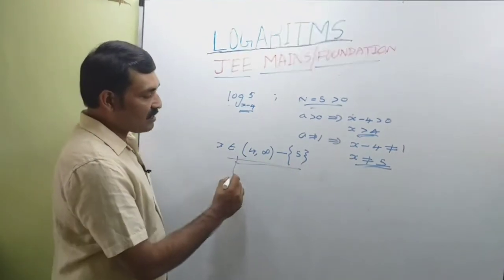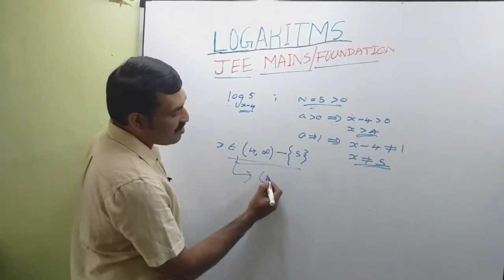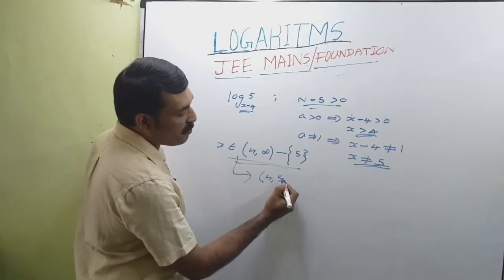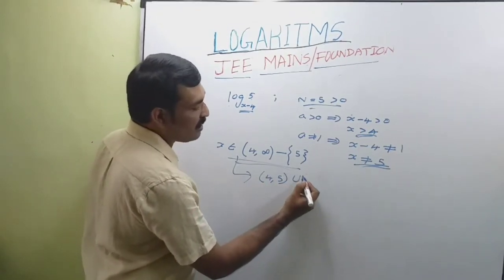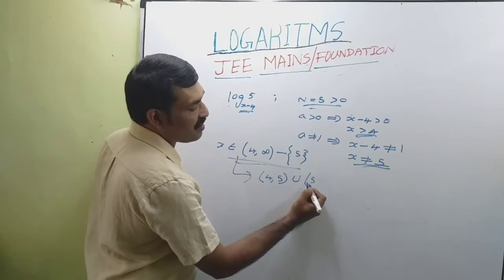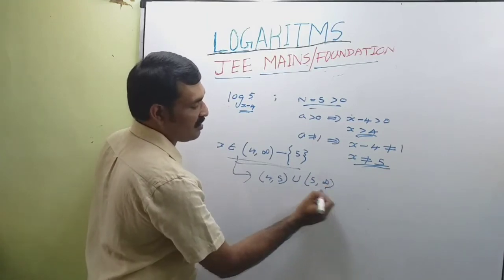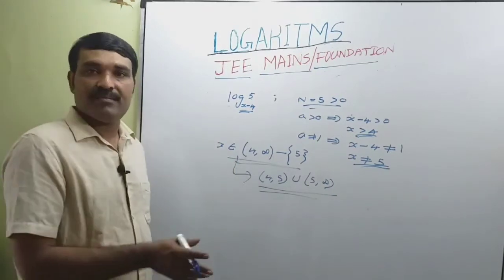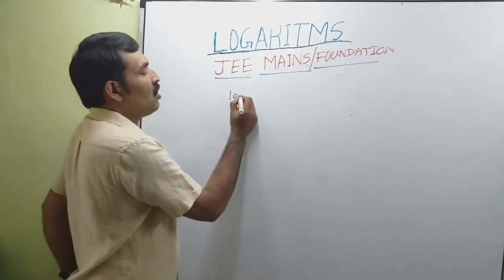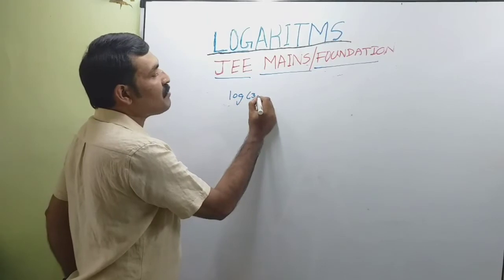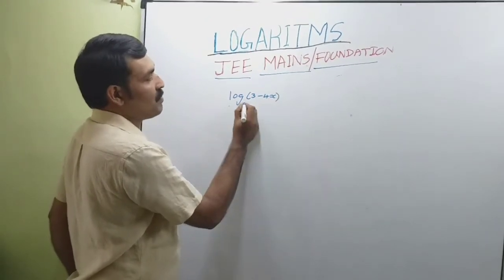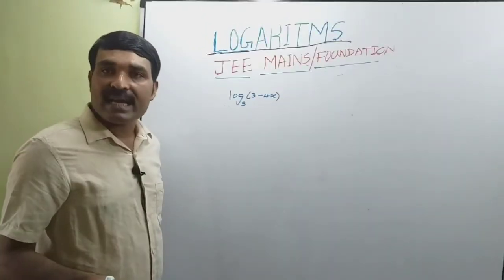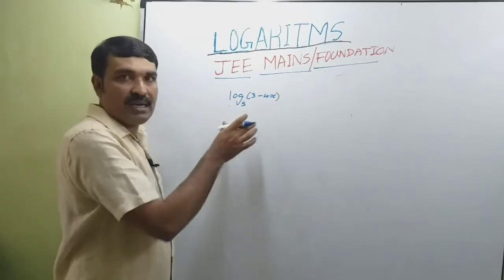Or we can also write this as open interval 4 to 5 union open interval 5 to infinity. Both represent the same value. Now, log of 3 minus 4x to the base 5. Find the value of x for which this function is defined.